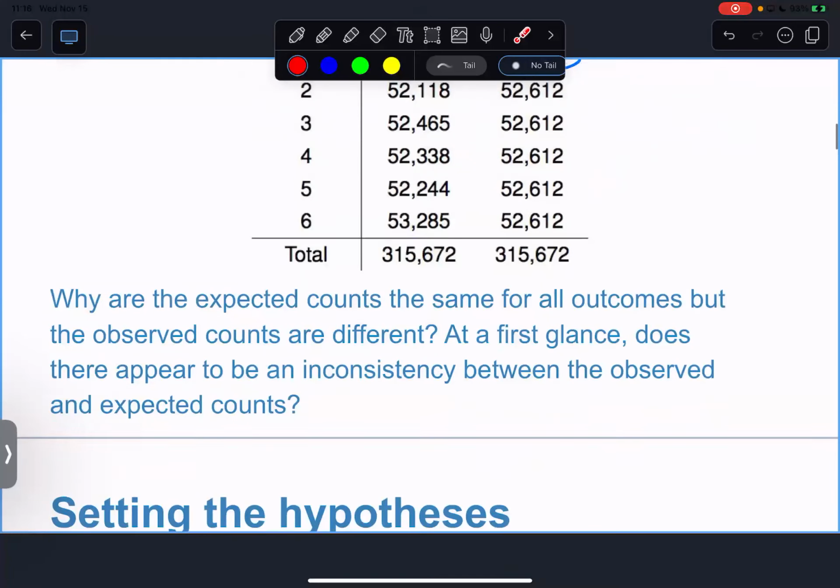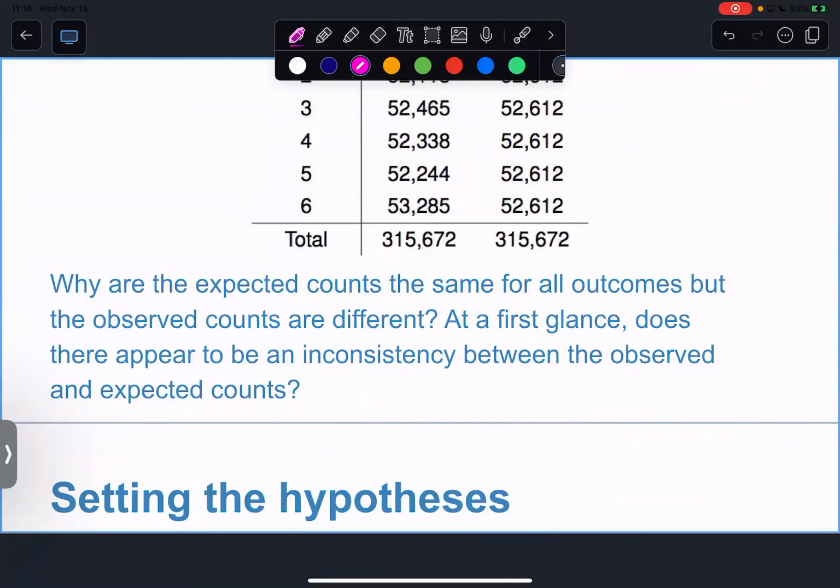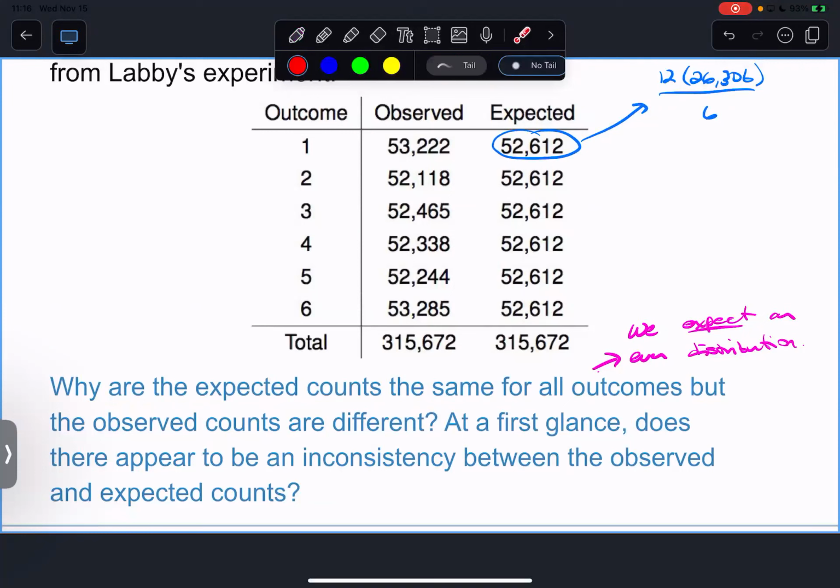And so here, we expect an even distribution. What we want to know is, okay, 53,222, is that significantly different from 52,612, alongside 52,118 being different from, how far is it from 52,612?